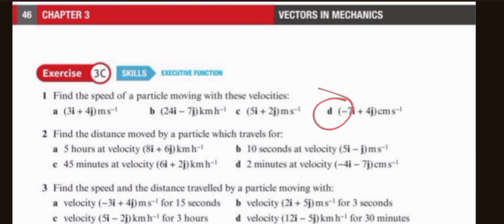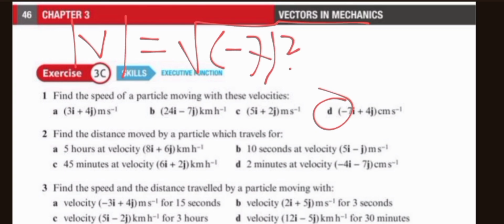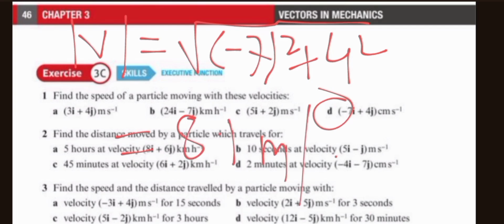So we're going to do number D. And don't forget to give the units.